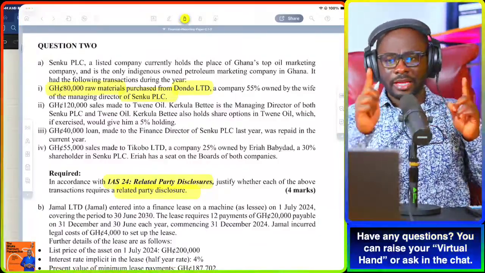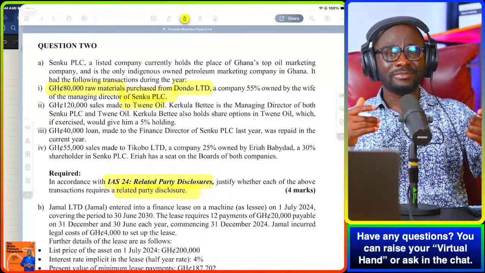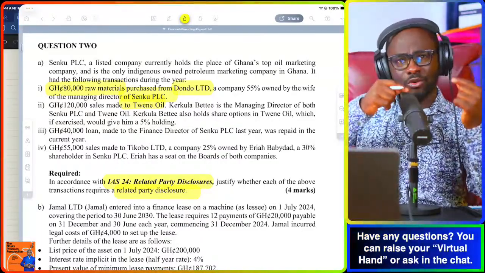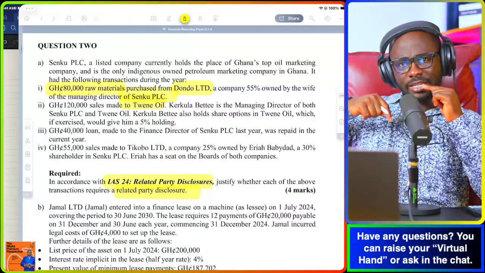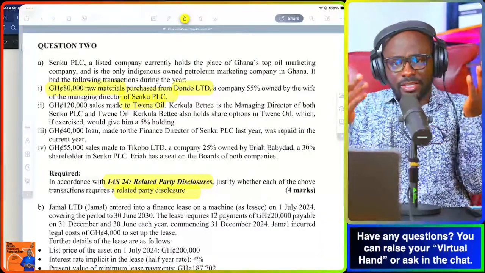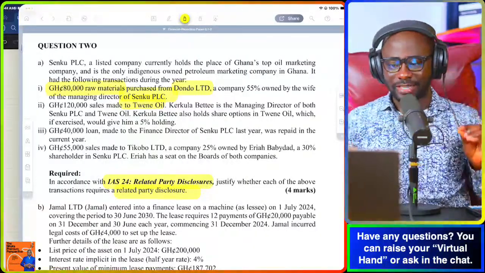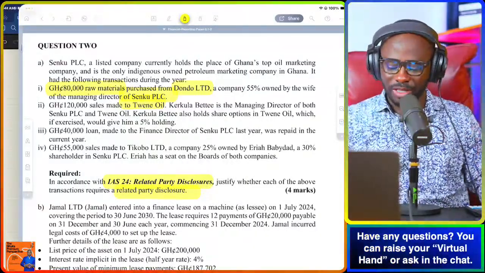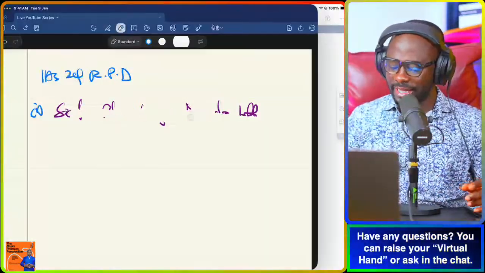Okay. The managing director of Senku is a key management personnel. So if Senku is doing business with Dondo and the wife of the managing director owns 55% of Dondo, that means Dondo is a related party. So this is a related party transaction, hence must be disclosed in the note to the financial statement. That's the idea about that.